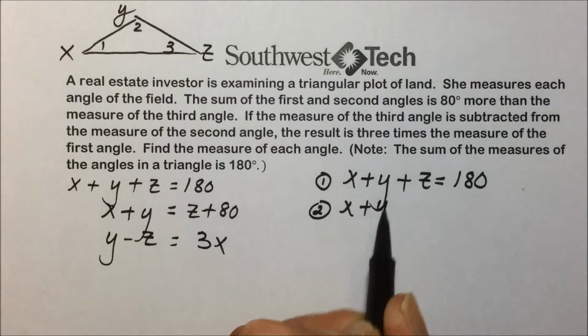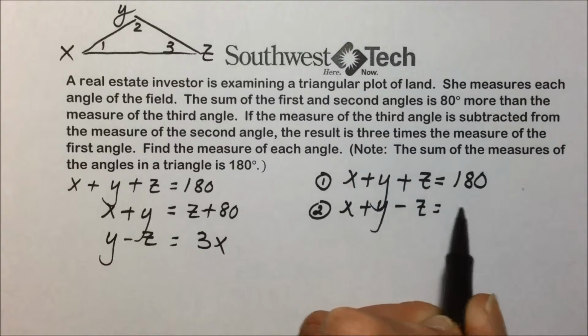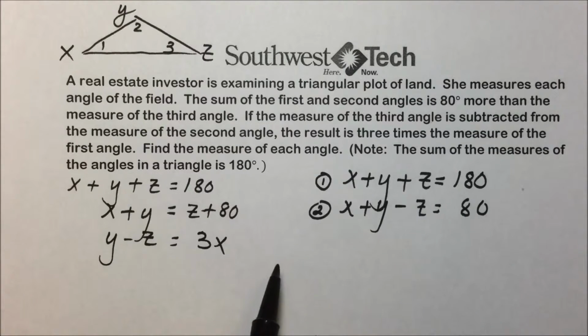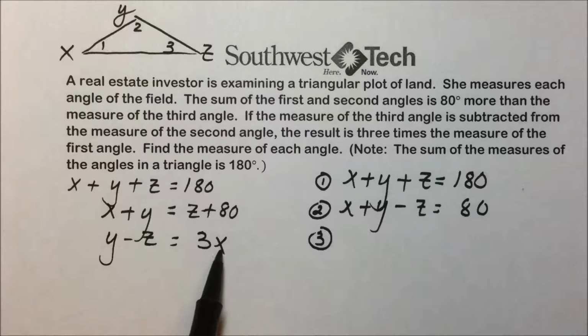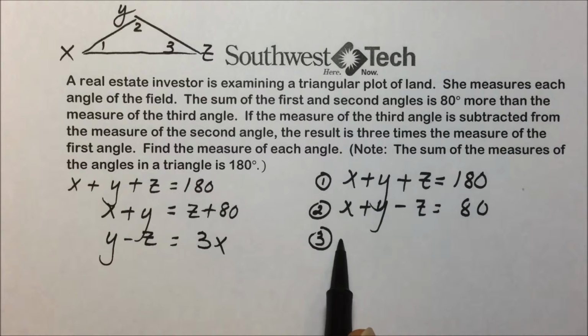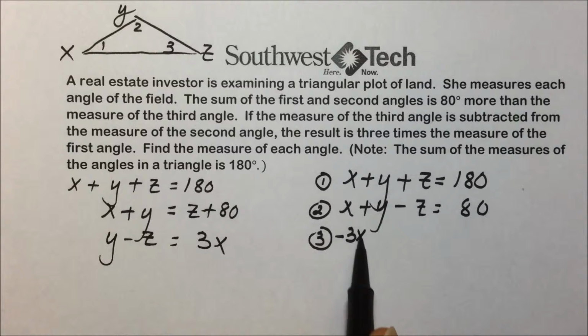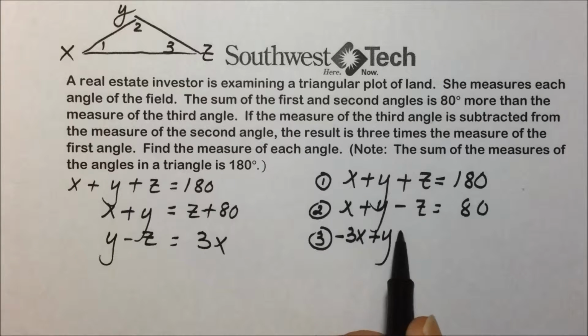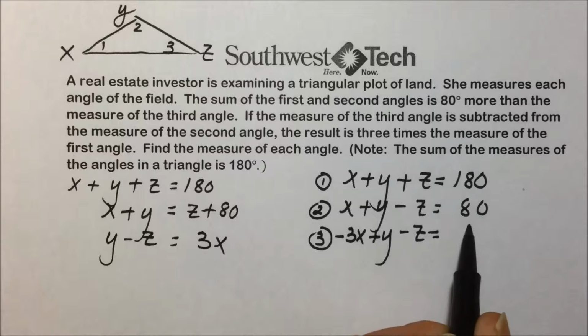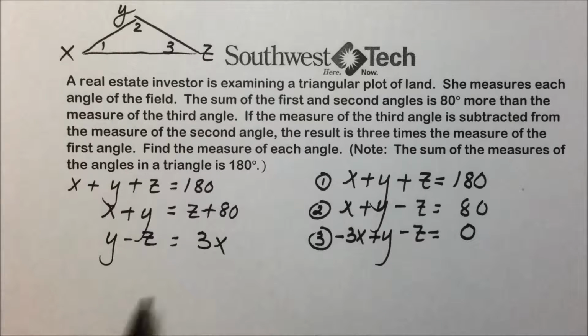So we have x plus y minus z is equal to 80. And the third equation, we need to bring our x term to the left. Subtracting a 3x from each side leaves us with negative 3x plus y minus z is equal to 0. When we bring the 3x to the other side, there's nothing left there.